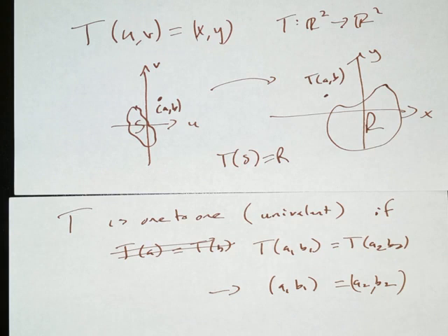Now we know that there are many different angles that go to the same point and many different radii that go to the same point, right? We've already seen that this polar coordinate transformation is not 1-to-1. But when my transformation is 1-to-1, then there's an inverse transformation.